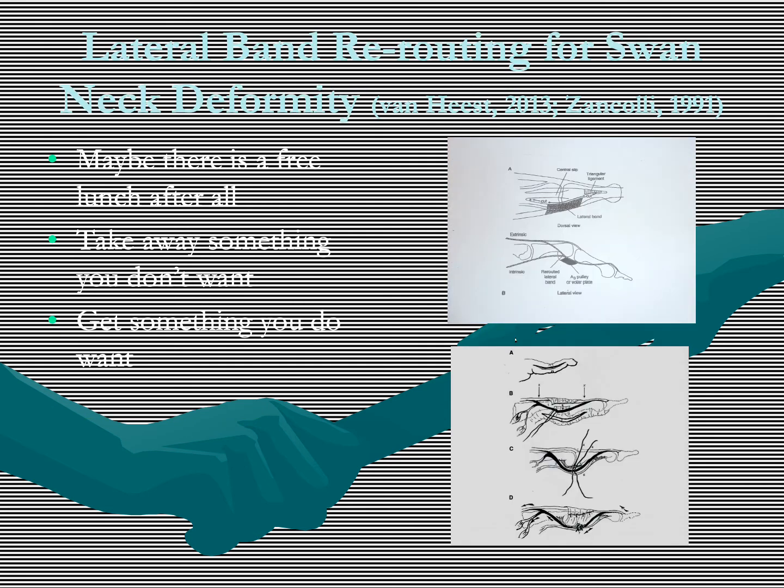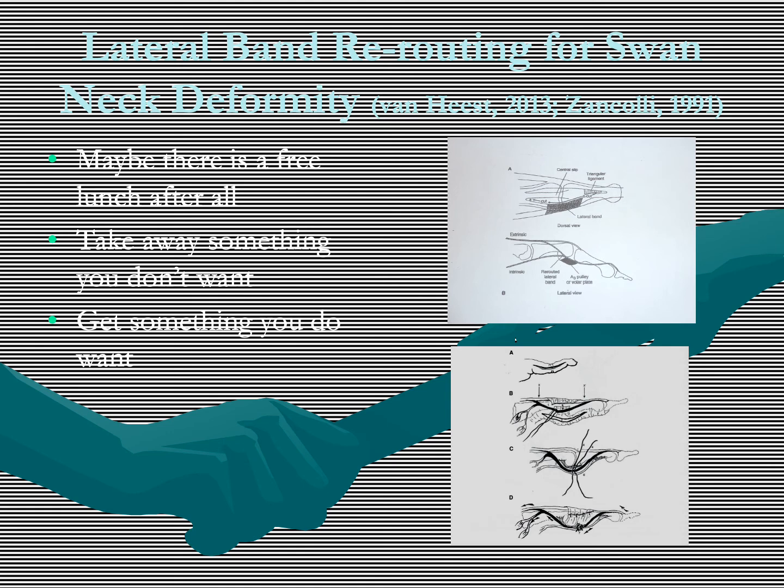The procedure that I prefer was described by Zancoli and was also published by Van Heest in 2013. The procedure involves taking one of the lateral bands, typically the radial lateral band, and swinging it volar to the axis of rotation of the PIP joint.